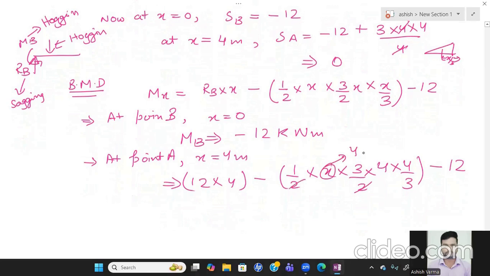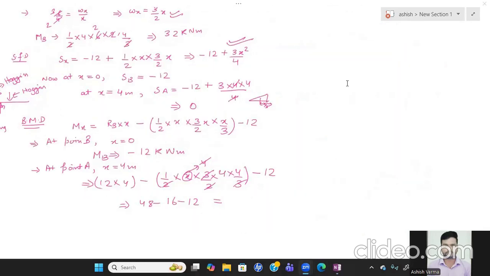Cancel out if I take the 4. Therefore, 12 4s are 48 minus 16, 48 minus 16 minus. Here by mistake, the value of MB is taken as 12.